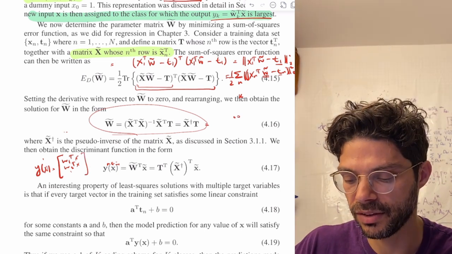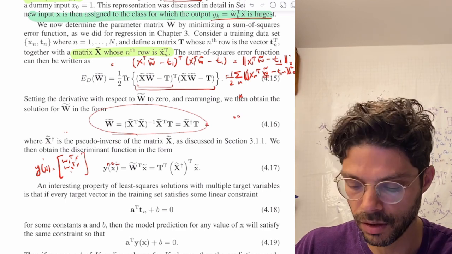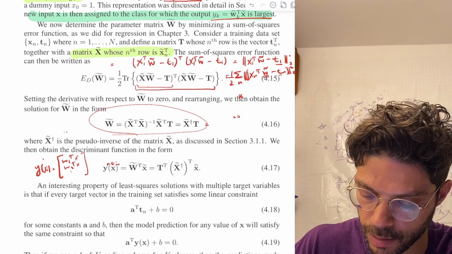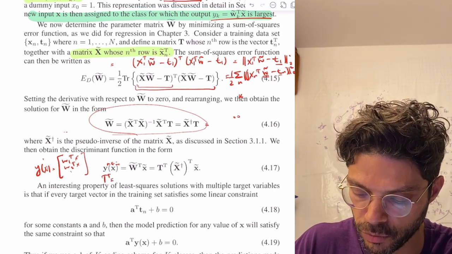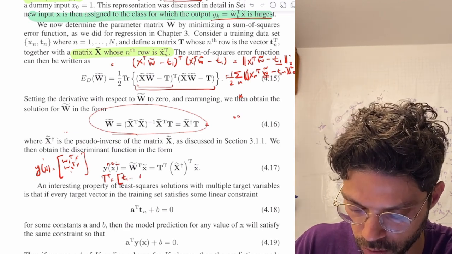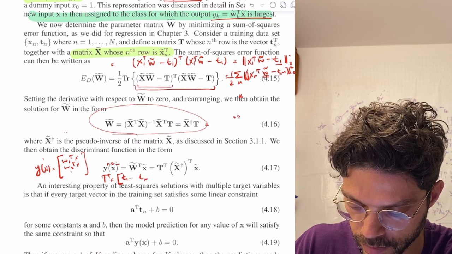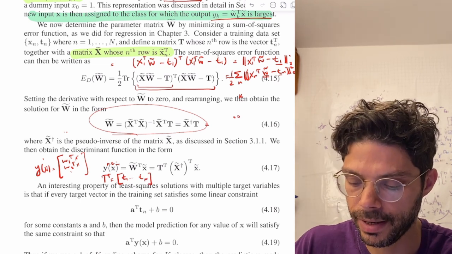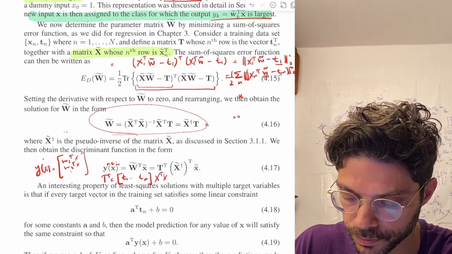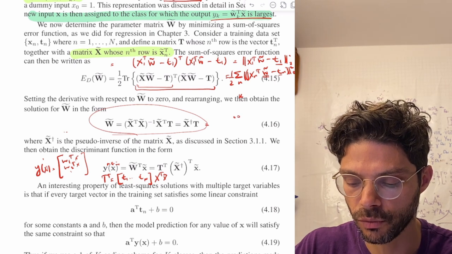And then let's see if we can make sense of how this thing works. We can play the same kind of game. T transpose is going to be all of those one-hot vectors for each one of your samples. And again, let's pretend this x dagger is actually just x transpose. So what are we doing?